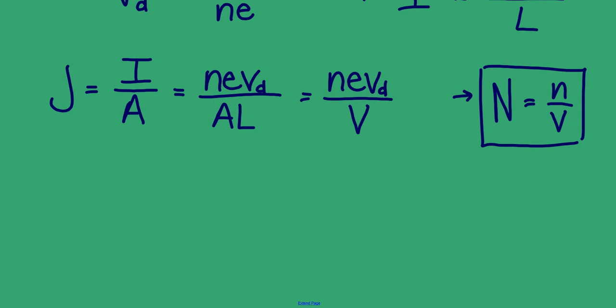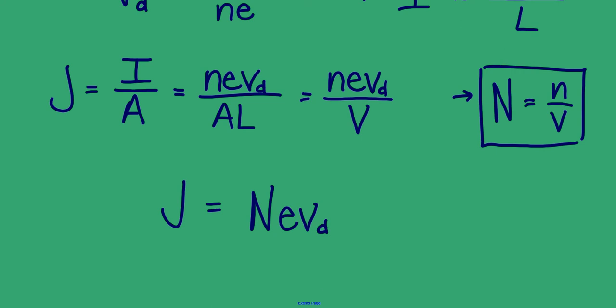So I could express my current density as N, the number of charge carriers per volume, times e, the charge on an electron, times the drift velocity or drift speed of those charges.